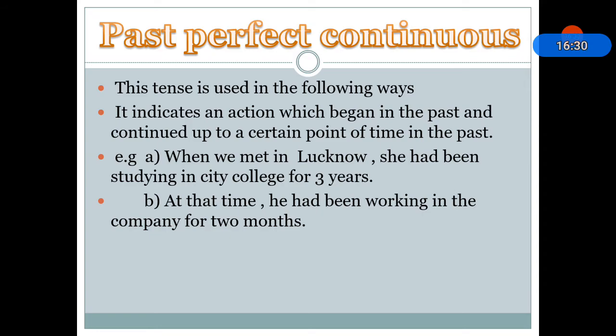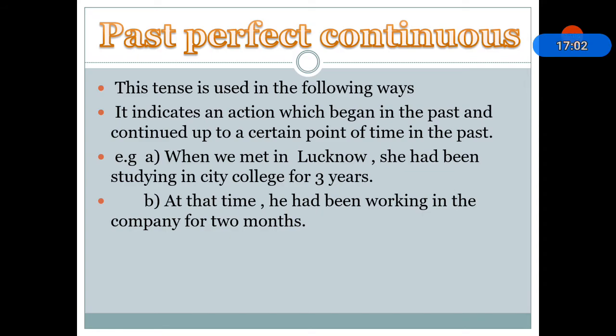It is used to indicate an action which began in the past and continued up to a certain point of time in the past. Example, when we met in Lucknow, she had been studying in City College for 3 years. Another example, at that time, he had been working in the company for 2 months.